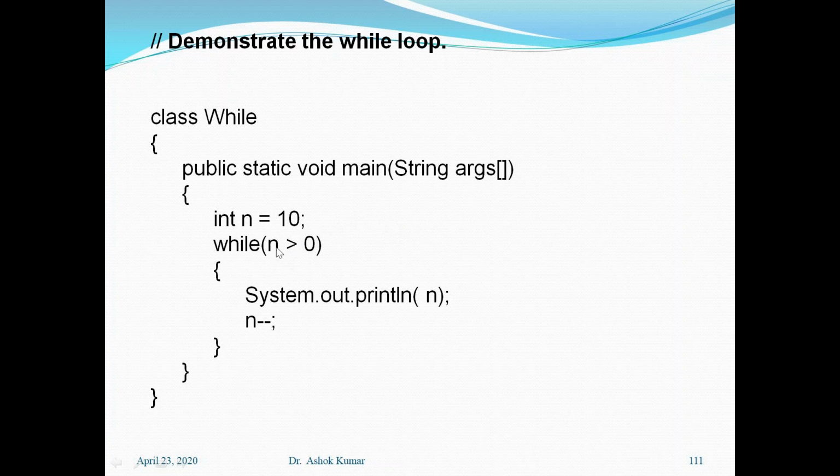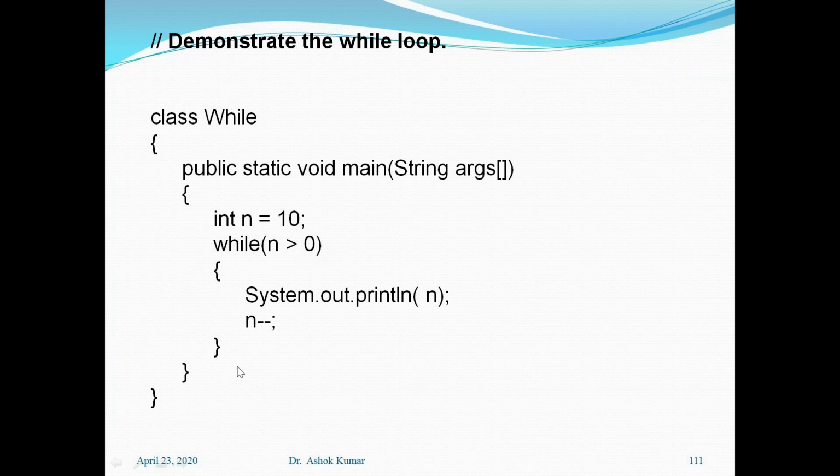This time it will evaluate 8 greater than 0, true, so this will print 8, and so on. So it will print from 10 to 1. When 1 is printed, after that this will change the value of n to 0. So in the last iteration, 0 greater than 0 will evaluate to false and control will come out.